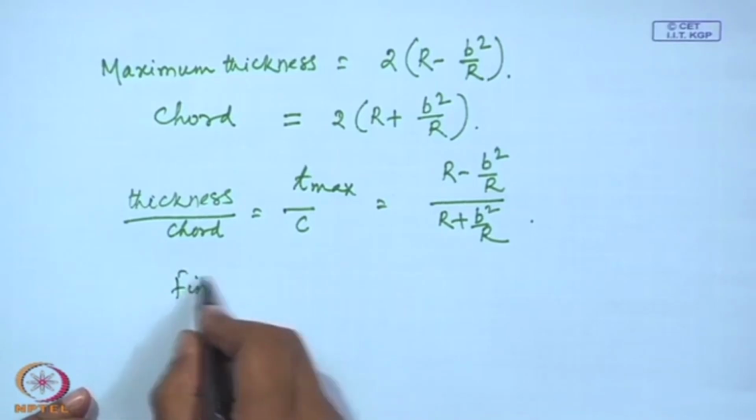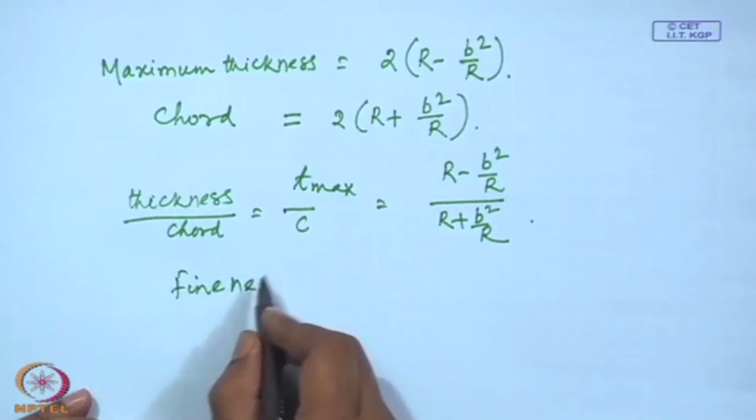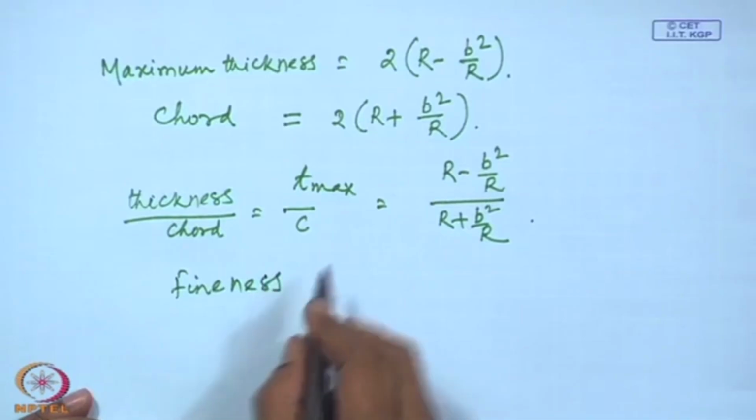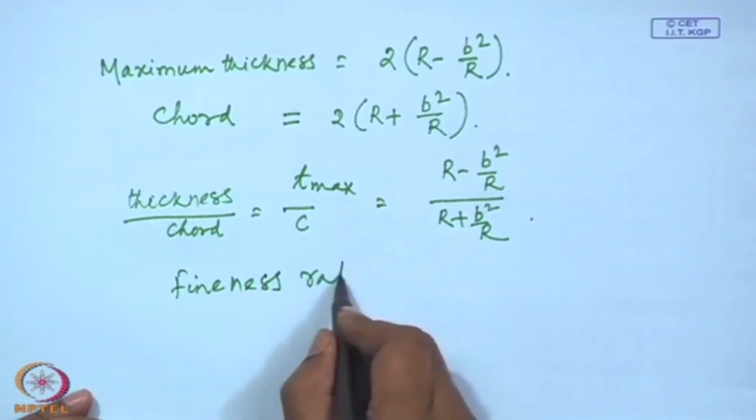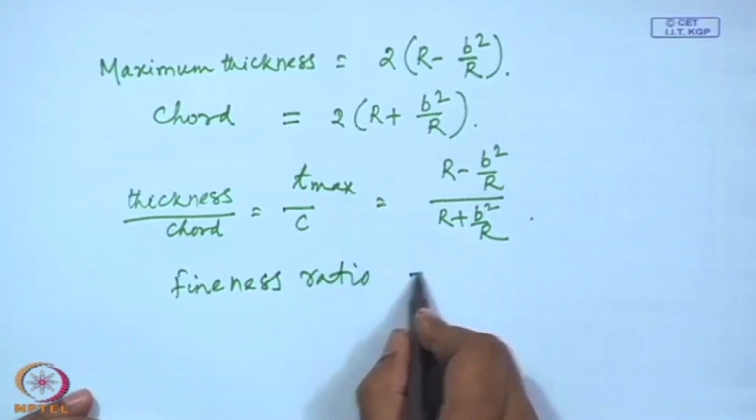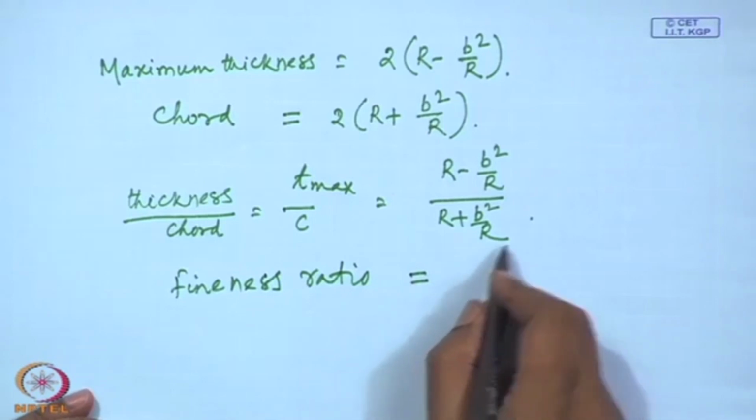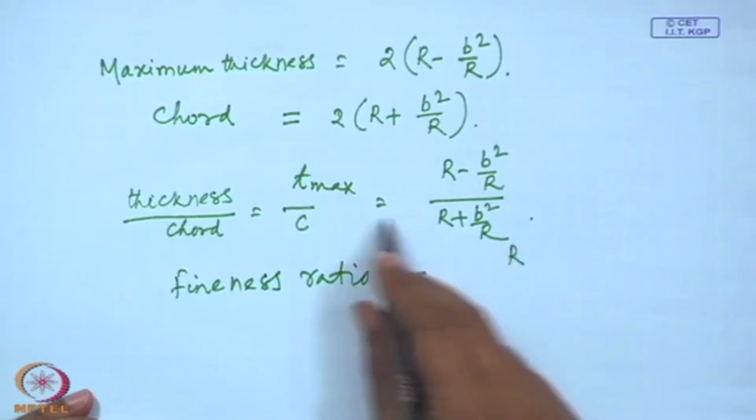And in case of ellipse, instead of this T max by C, this fineness ratio is a more preferred parameter, which is the inverse of this quantity.